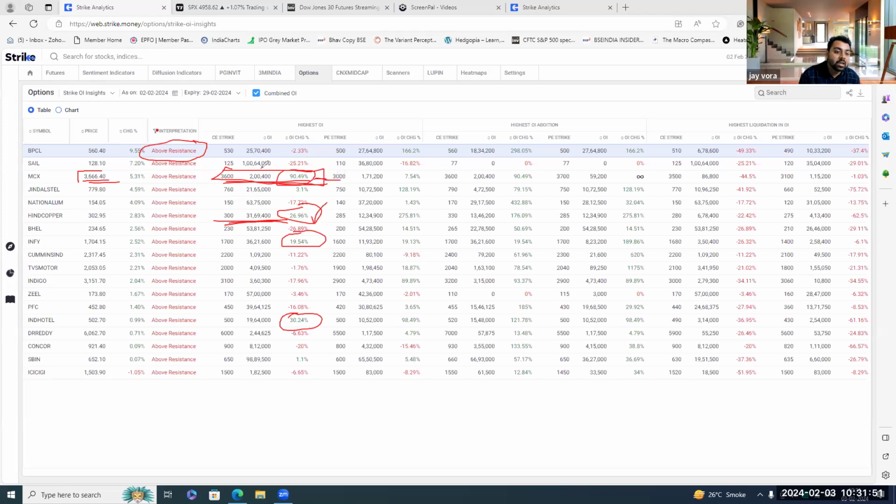Okay. And this unwinding can possibly lead to a further up move as well, probably during the day or maybe in the days to come.